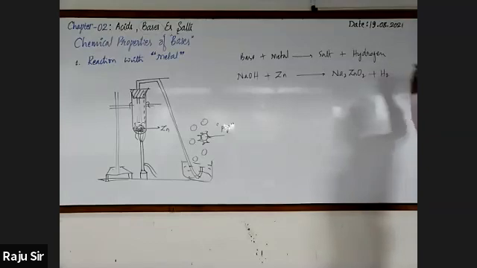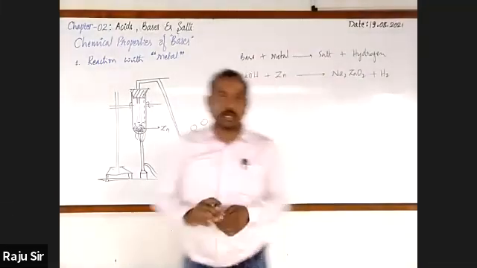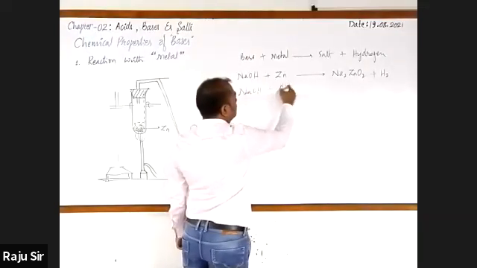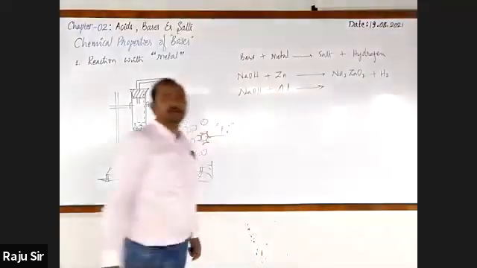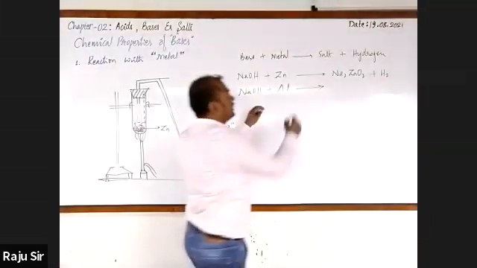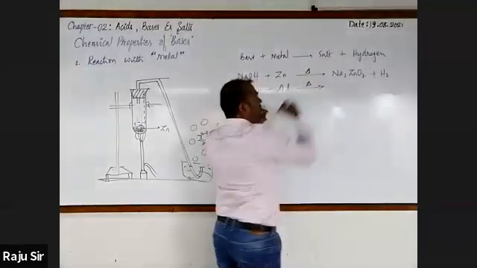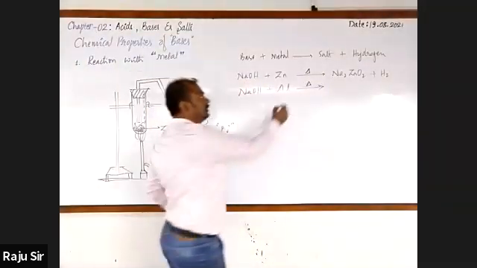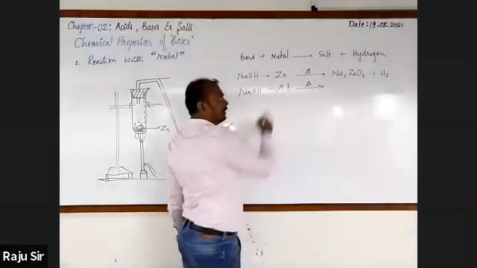Plus hydrogen, H2. Similarly, I take sodium hydroxide plus Al. Sodium hydroxide reacts with aluminium on heating to produce the salt called sodium aluminate. Sodium aluminate.